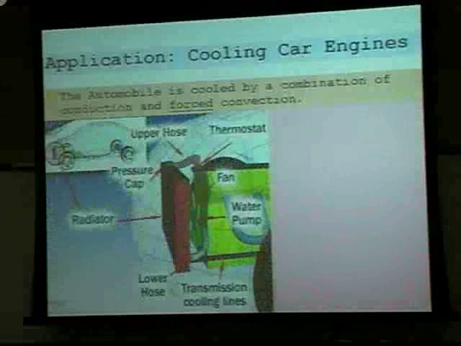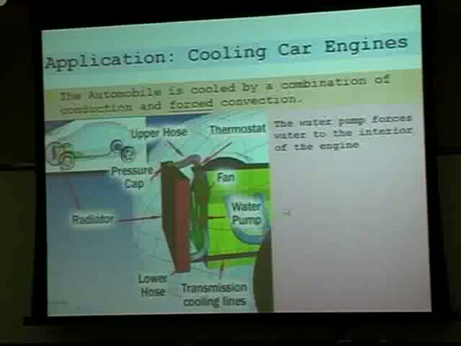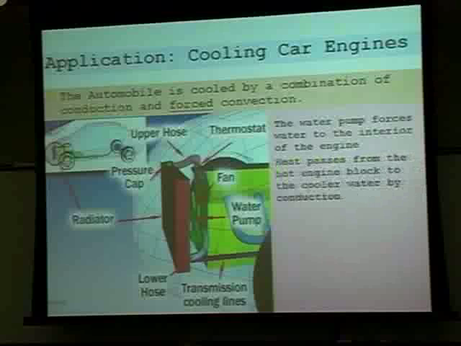The automobile is cooled by a combination of conduction and forced convection. For instance, the water pump will force water to the interior of the engine, where the water will basically be in contact with the hot parts of the engine.